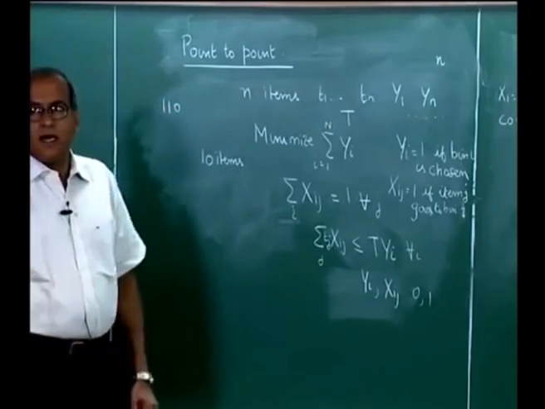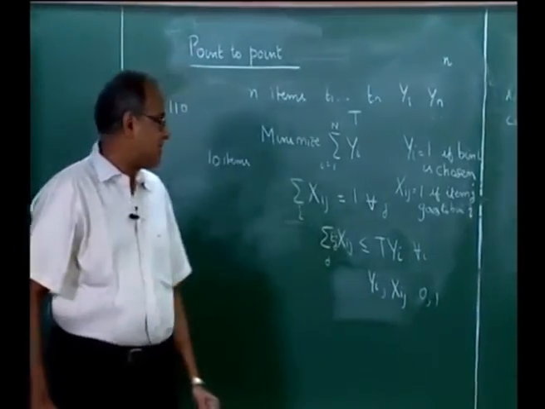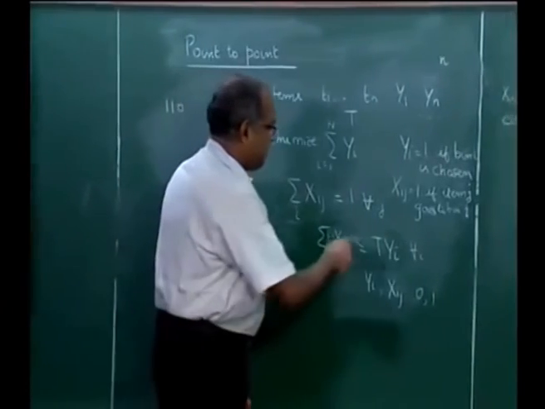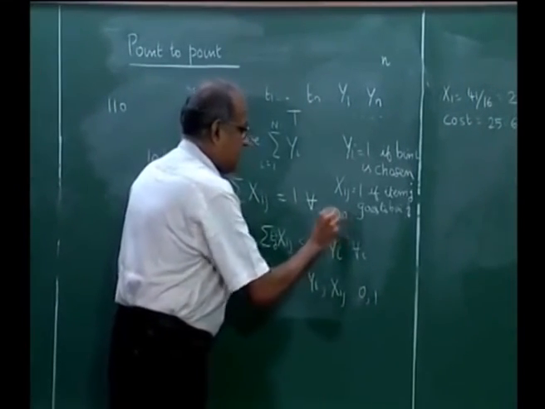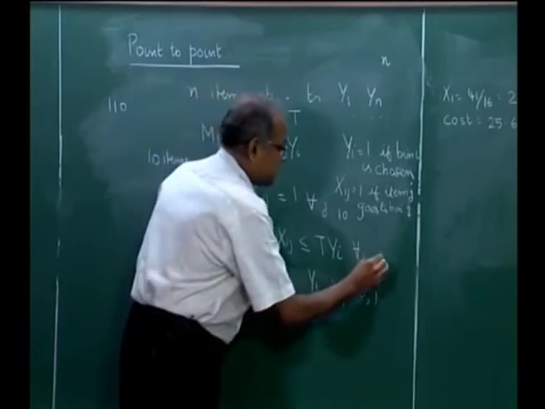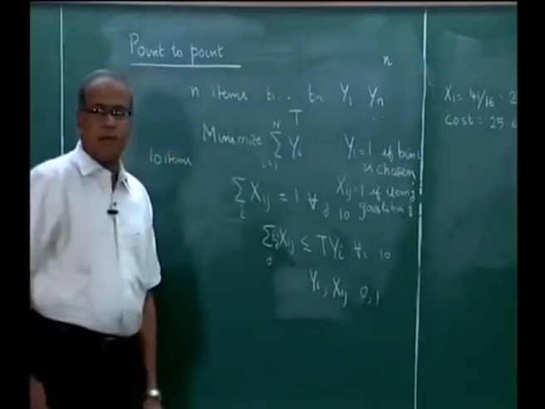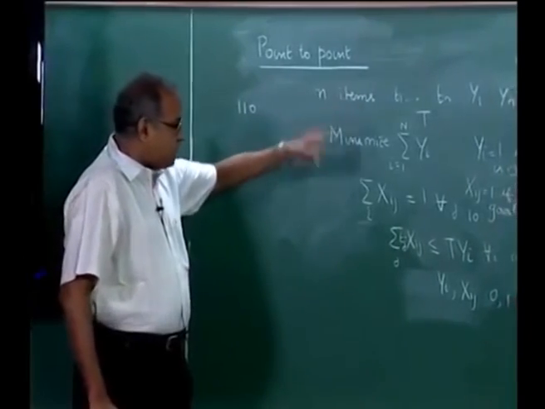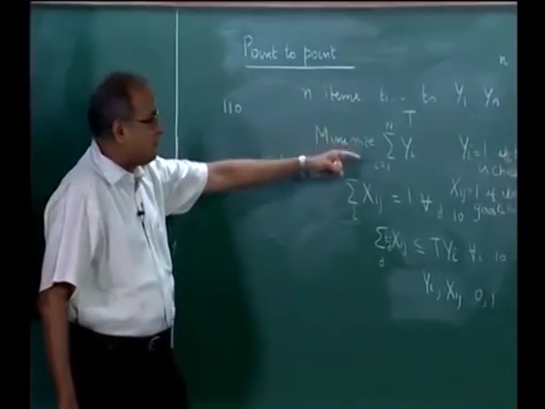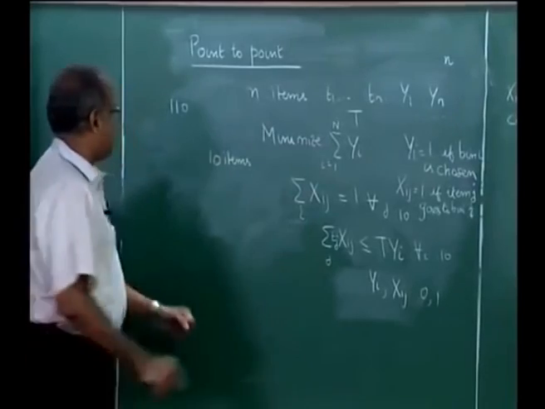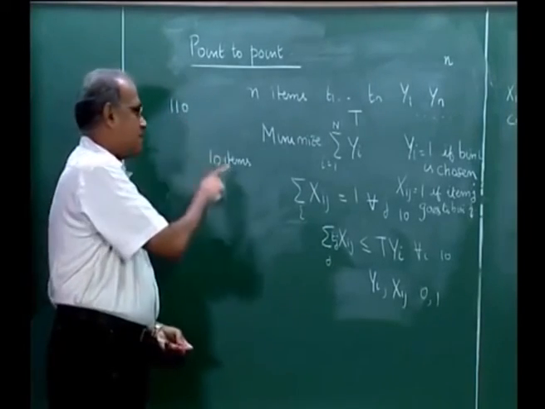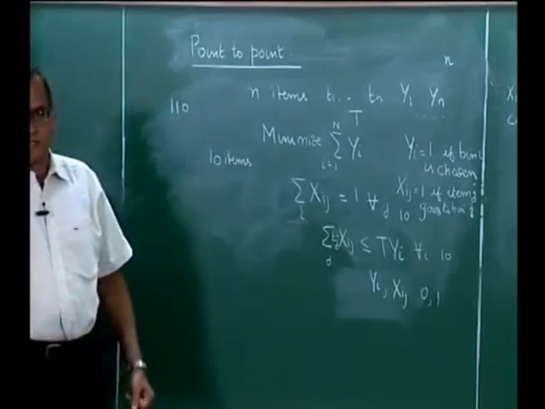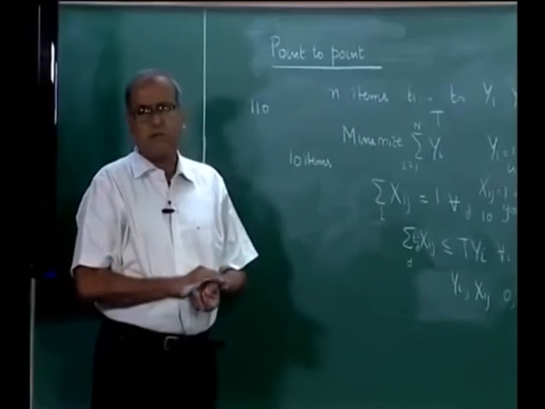So, we will have 110 variables, and this formulation will give us 10 constraints, and this would give us another 10 constraints. So, there will be 20 constraints. If we actually solve a problem with 10 items using this formulation, we would have 110 variables and 20 constraints. We can do that.